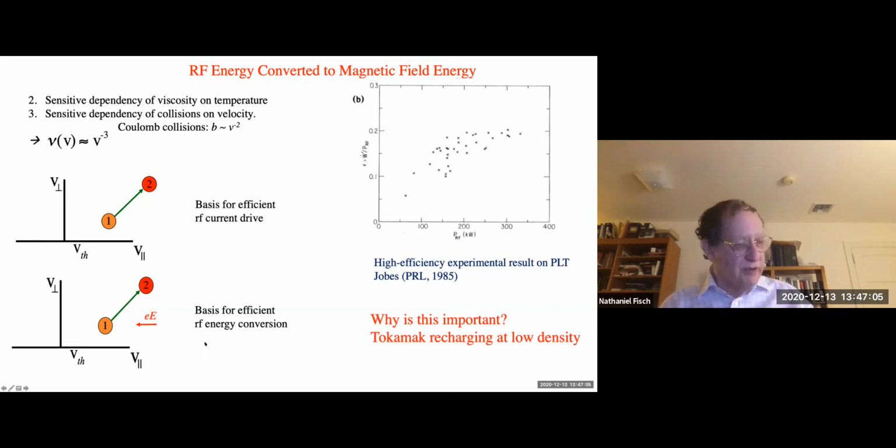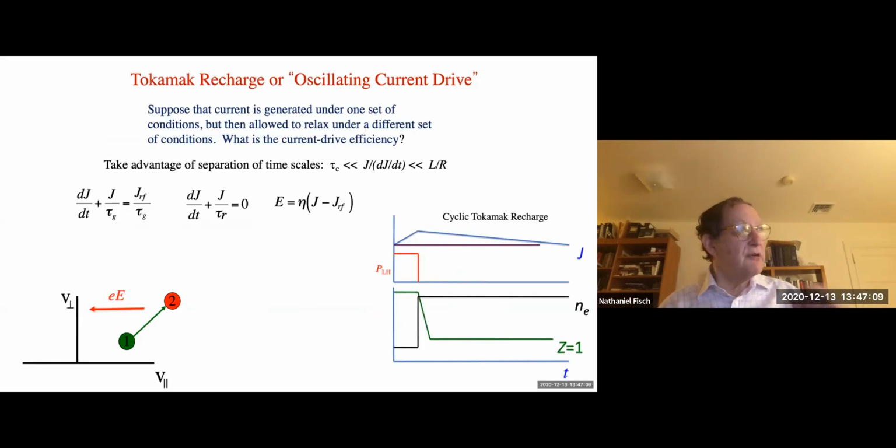And why is this important? For current drive in a tokamak, you have the opportunity to recharge the tokamak at low density, when the collisions are very low, and it's easy to put all the energy in the electric field.